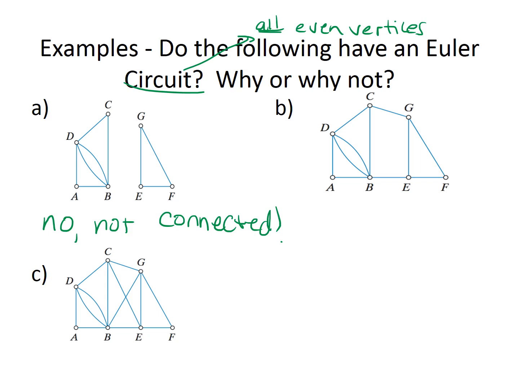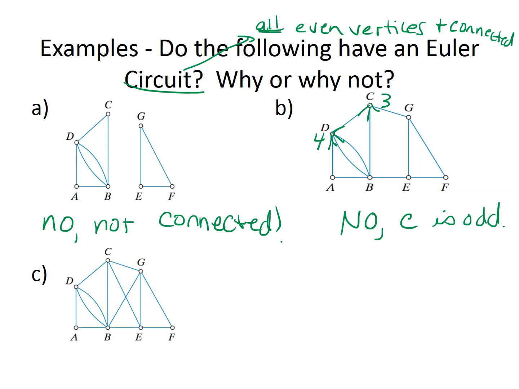Right, it has to have all even vertices and be connected. So part B, it is connected, so I'll go ahead and find the degree. But if you find one odd one, you can stop. So 1, 2, 3, 4 for that one. 1, 2, 3. And we can already go ahead and say no. C is odd. All right, they must all be even, so you find one that's odd and you're done.